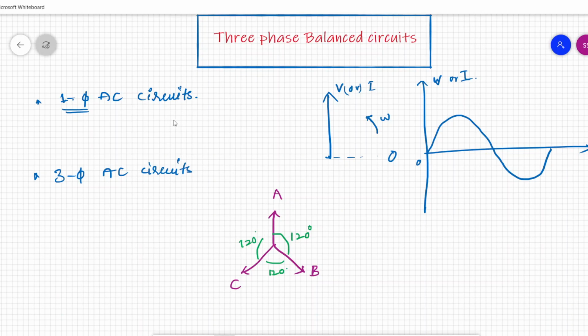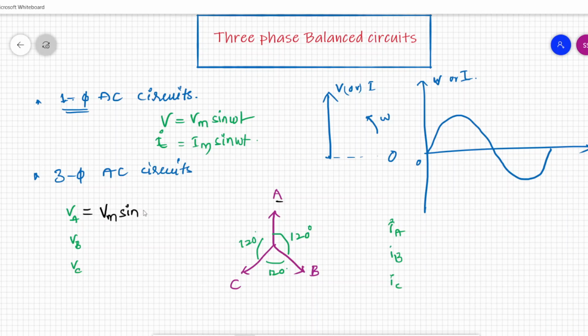Now we mentioned the voltage as Vm sine omega t and current as Im sine omega t, right? Now we have to give the values for voltage at A phase, B phase and C phase, and similarly current at A phase, B phase and C phase. Taking A phase as reference, the voltage at A will be Vm sine omega t plus 0.